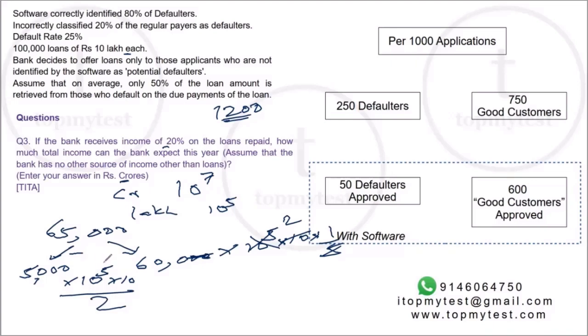So this principal itself is gone. Again, we'll do the same calculation. Take out 7 zeros from here. You're calculating in crores. This is 50 into 5, 250 crores is your loss from here. So 1200 crores profit, 250 crores loss, overall 950 crores of net profit is expected for the bank. 950 crores will be your correct answer.